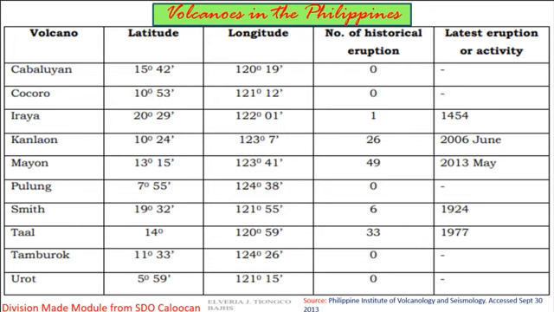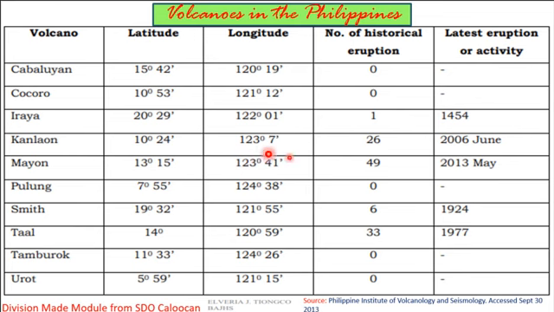So here is some of the list of the volcanoes found in the Philippines. We have the Babuyan, Cagua, Iraya, Canlaon, Mayon, Pinatubo, Taal, Tamburok, and Bulusan. So these are just some of the many volcanoes that we have in our country.